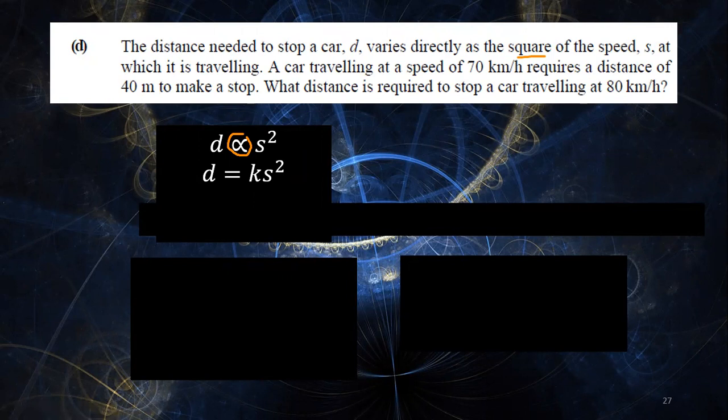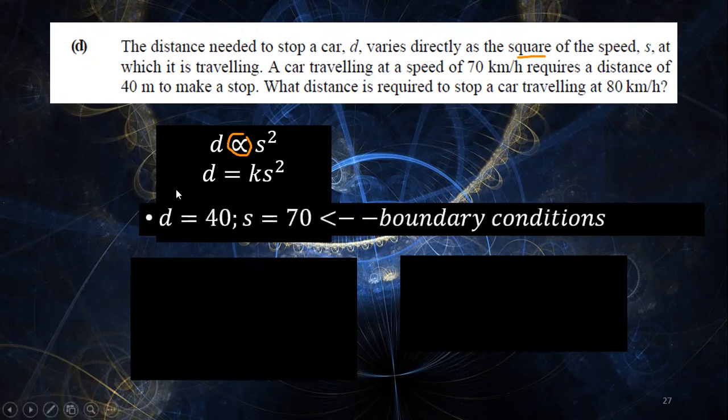The next thing is you need to evaluate k. What is k? You cannot solve the problem without getting what the number k is actually equal to. So then you have the boundary conditions. The boundary conditions are the values of d and s that they give you. They said a car is traveling at 70 kilometers per hour and requires a distance of 40 meters to stop.